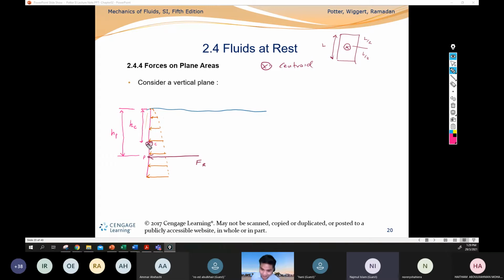Okay, mathematically you need to understand the definition. As I mentioned, this is the area, not the prism, not the centroid of the prism. Do you get it, Najmul? For example, this is the plane area. So where's the centroid? Here, right? Center.